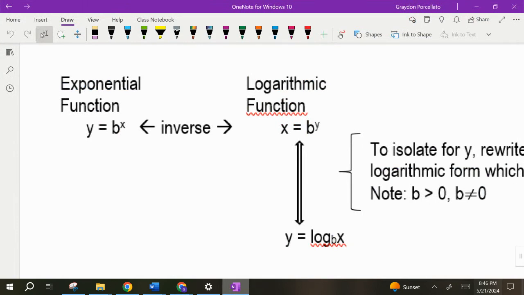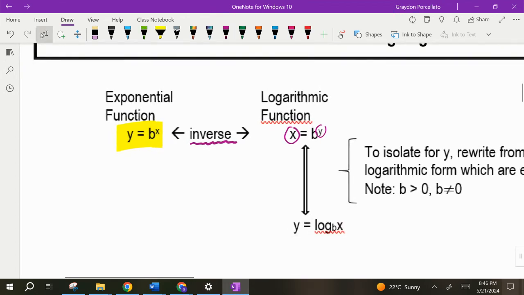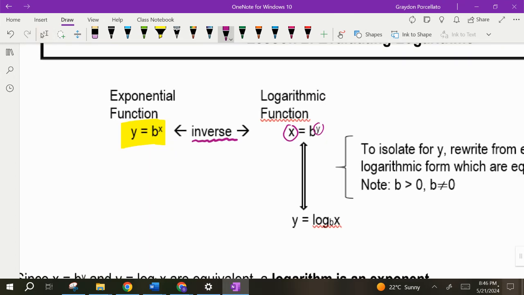Our exponential function is right here, y equals b to the x. And to determine our logarithmic function, we look to find the inverse. To find the inverse, we typically switch our x and our y, swap their values, and then use logarithmic form or logarithmic notation to isolate for y.